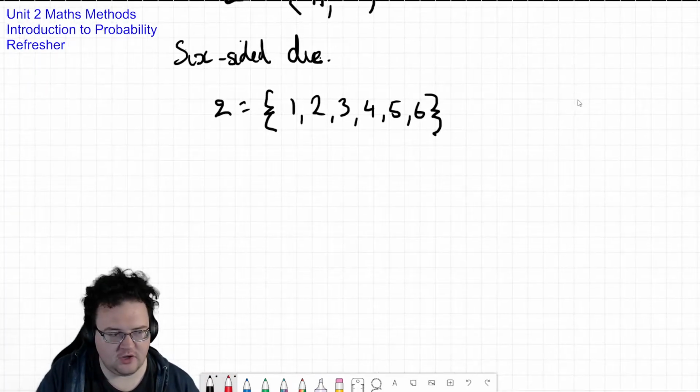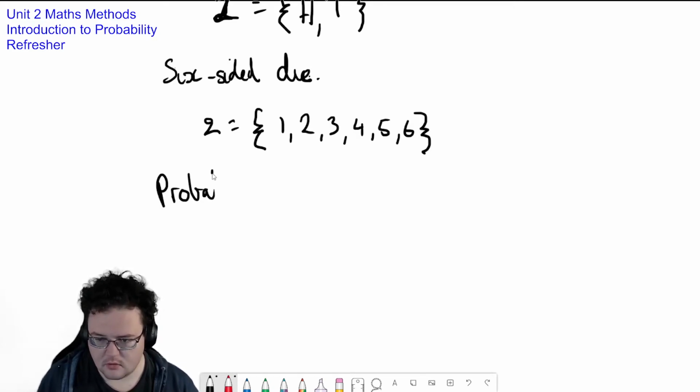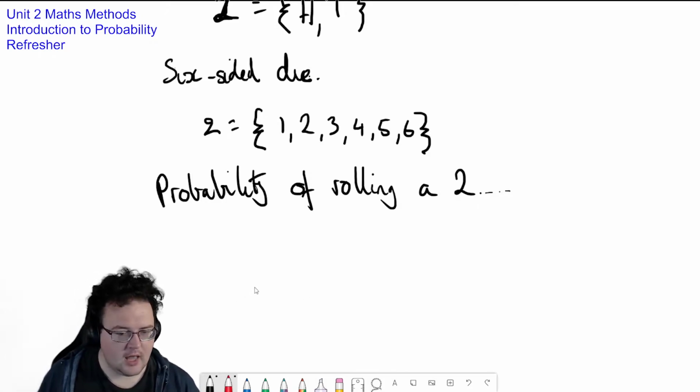So when I talk about rolling a dice, and the probability of rolling a 2, how many 2s are on a normal dice? There's only one.